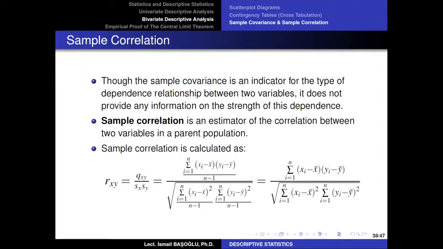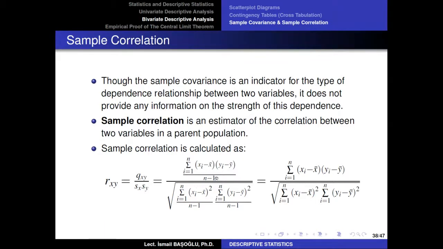Now, how is the sample correlation calculated? The sample correlation is the ratio between the sample covariance and the product of the sample standard deviations. First we calculate the sample covariance and write it in the numerator, and in the denominator we calculate the sample variances, multiply them, and then take the square root to convert them into the product of the sample standard deviations.